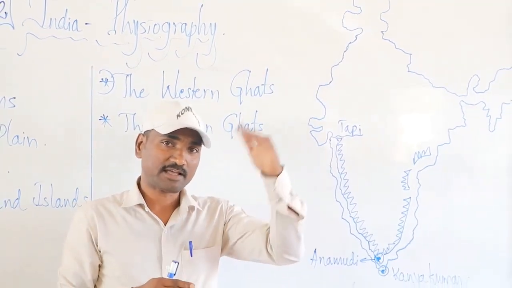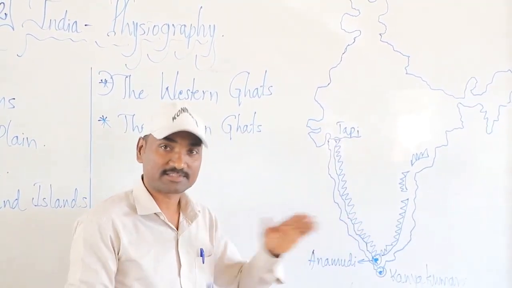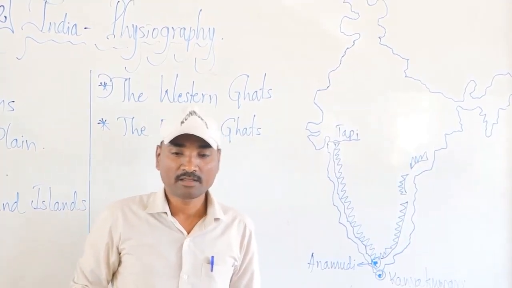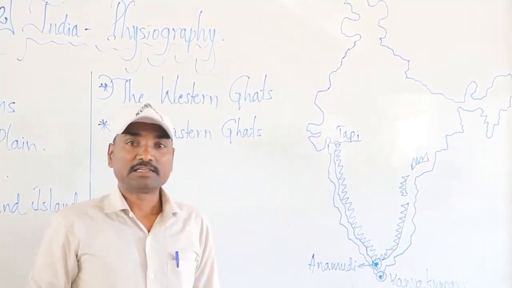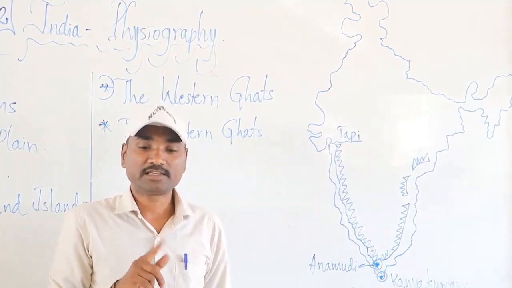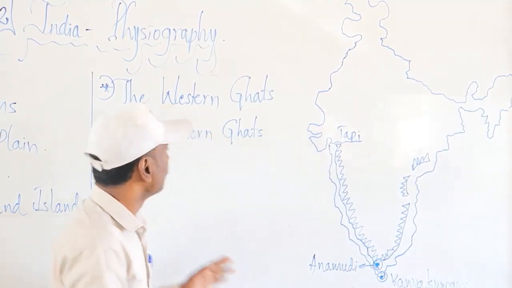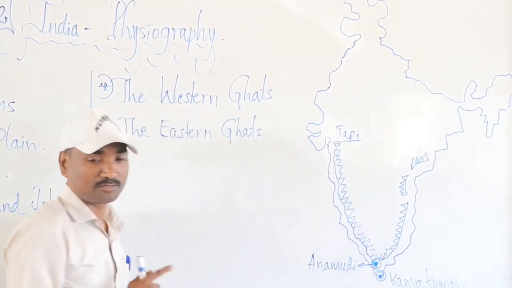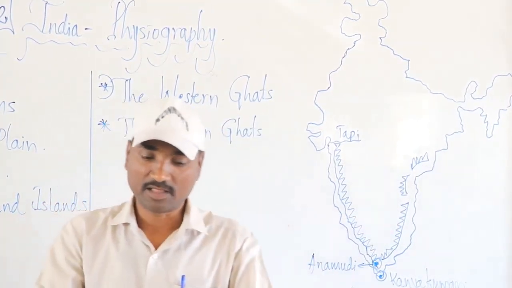The Western Ghats height is more, whereas the Eastern Ghats height is low. Amarakonda is the highest peak in the Eastern Ghats. This is the difference between the Eastern Ghats and Western Ghats that we have discussed.